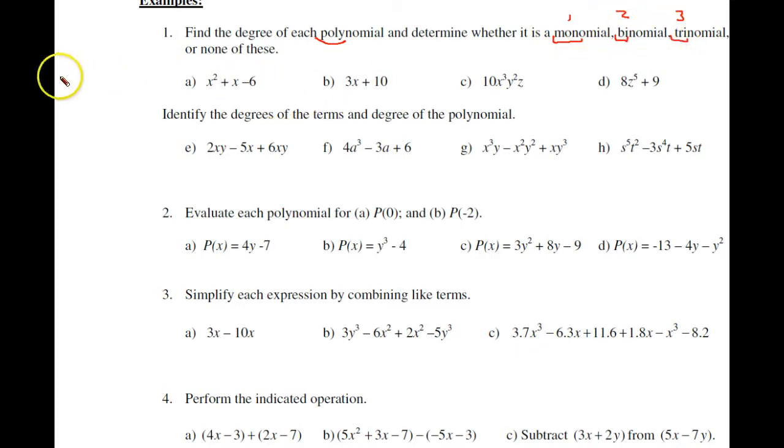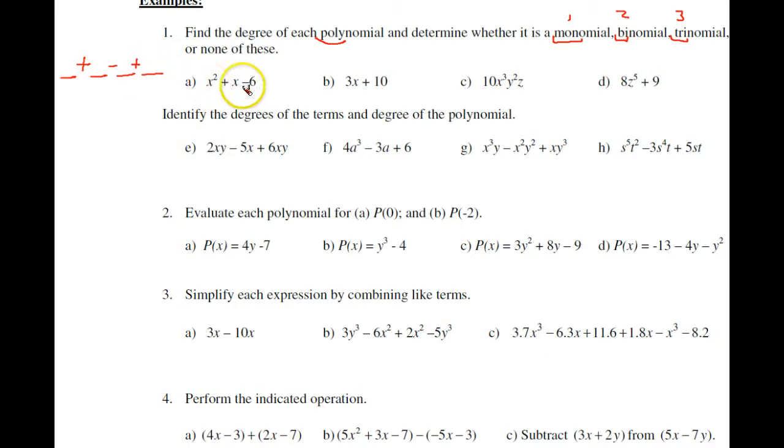Now we said we separate terms by either a plus or a minus sign. So this would be one term, two terms, three terms, four terms. This would be a polynomial.